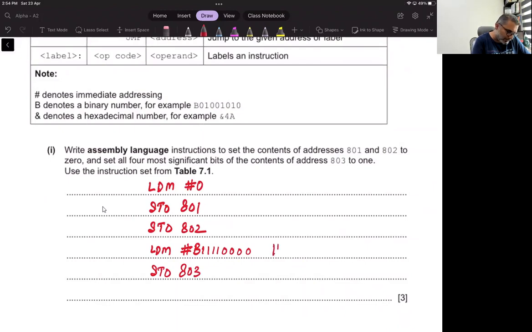You can also write it like this, which is basically 240, or like this, F0. You can use any, but be careful to use either of these.